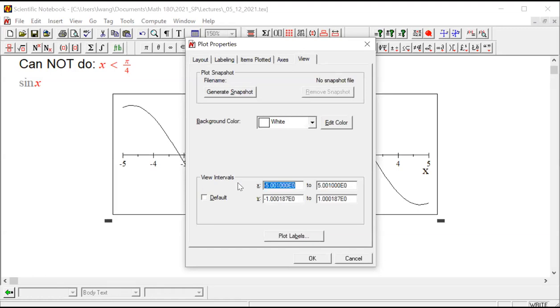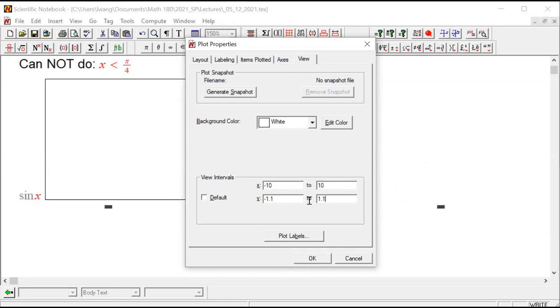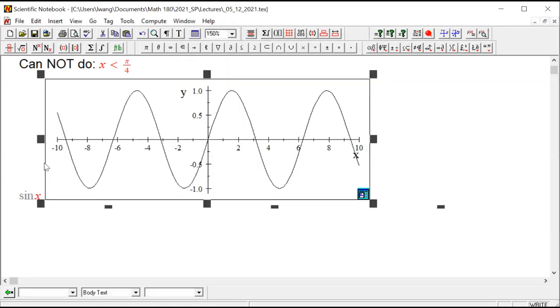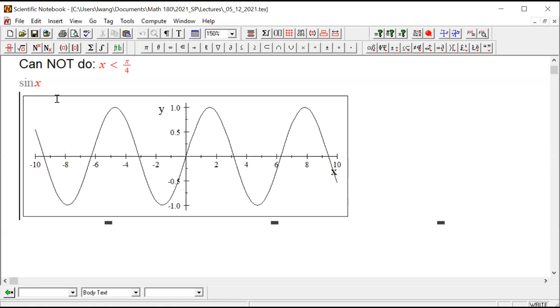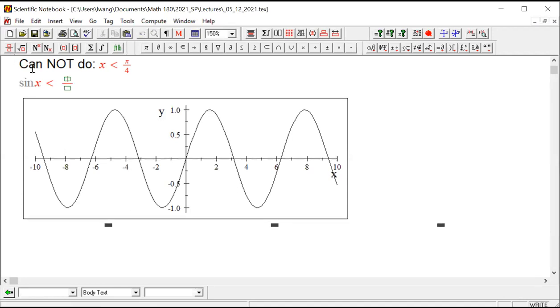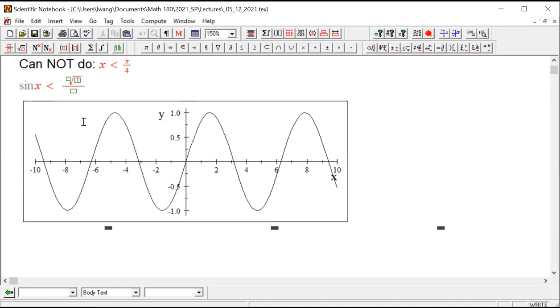So you can see this, I'm going to give you a lot of these pieces of curve. Okay, so that's the curve of sine, and we want the value to be less than sine pi over 4, or just root 2 over 2.